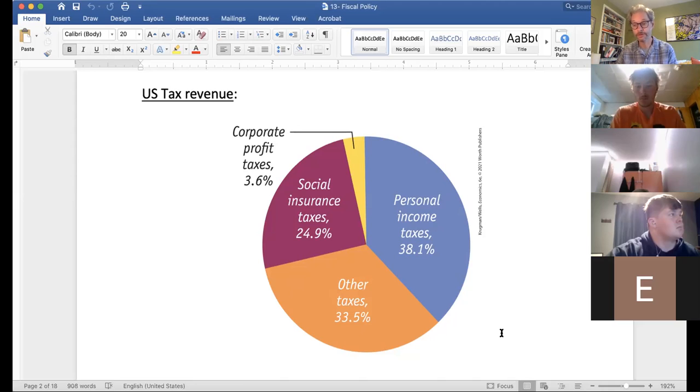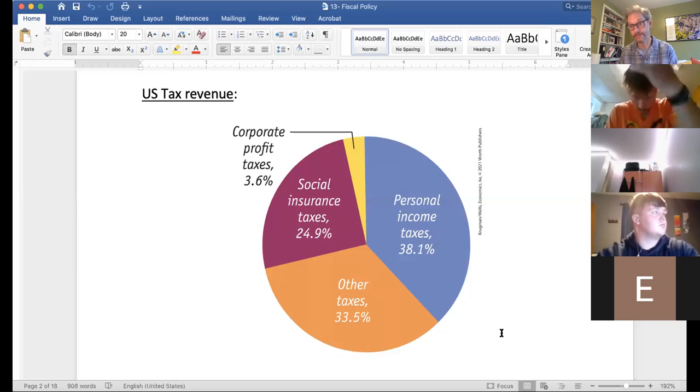Most countries rely very heavily on consumption taxes. We talked in the first week of this block about VAT taxes, value-added taxes, which are essentially sales taxes embedded within the price of goods. That is a more common way of collecting tax revenue in most countries than the system the US uses, where we rely heavily on income taxes.